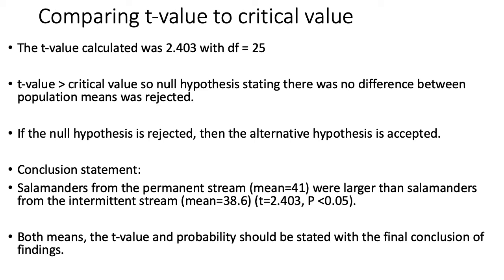The salamanders from the permanent stream with a mean of 41 were larger than salamanders from the intermittent stream with a mean of 38.6. And also with the concluding statement, you want to add, not only both means, but you want to give the t-value that you had and the probability of less than 5%. Both of those should be stated with that final concluding statement of your findings.